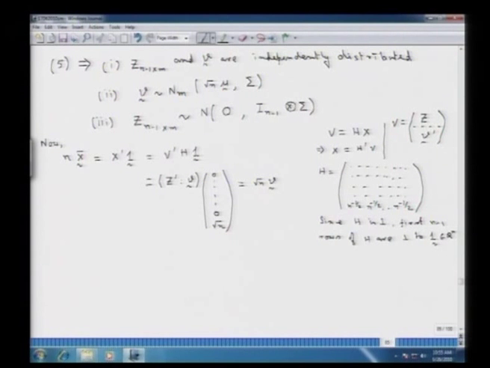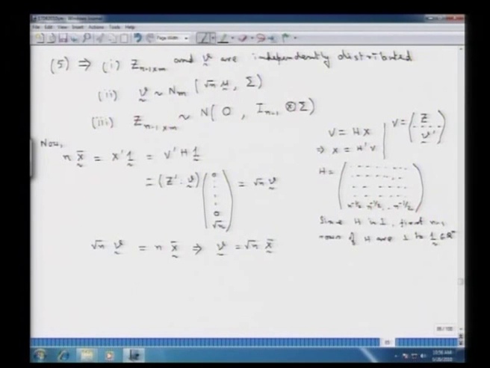So, this would now imply that root n times V is equal to n times x bar, that is, this V is n to the power minus half. So, that would be root n times this x bar vector.